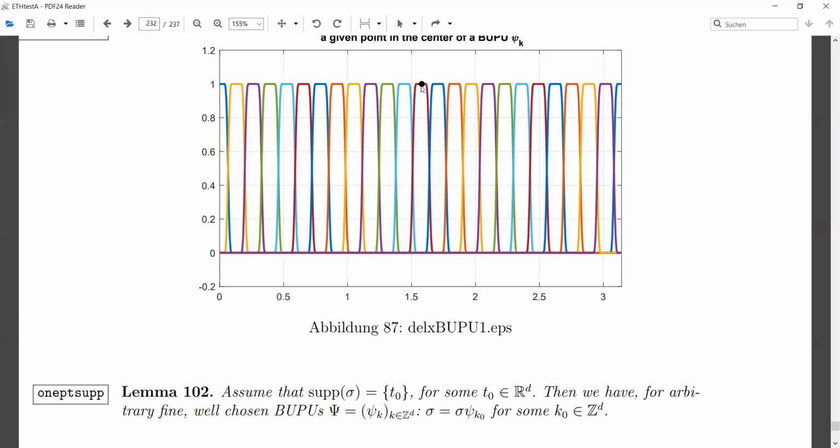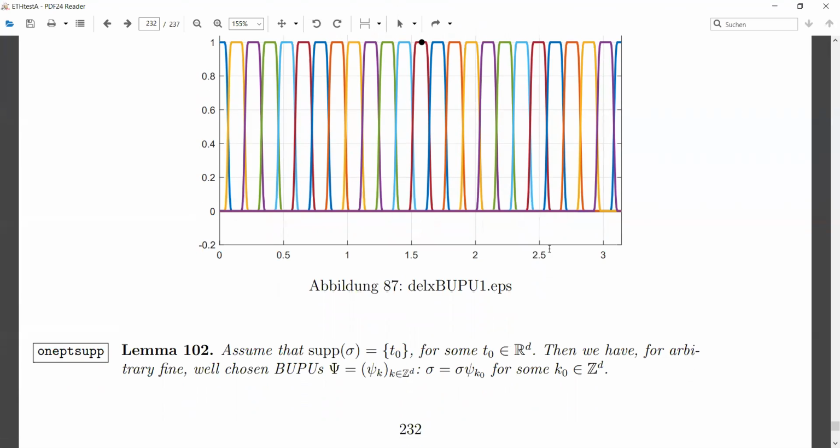The first part is creating such functions which have a small plateau and are also smooth, and then you shift the whole system such that your point is inside, or you rescale it, and so you can have arbitrarily fine partitions of unity with this property.